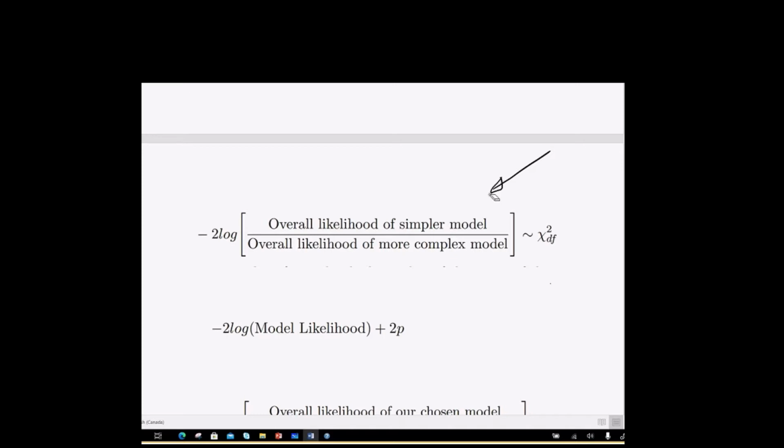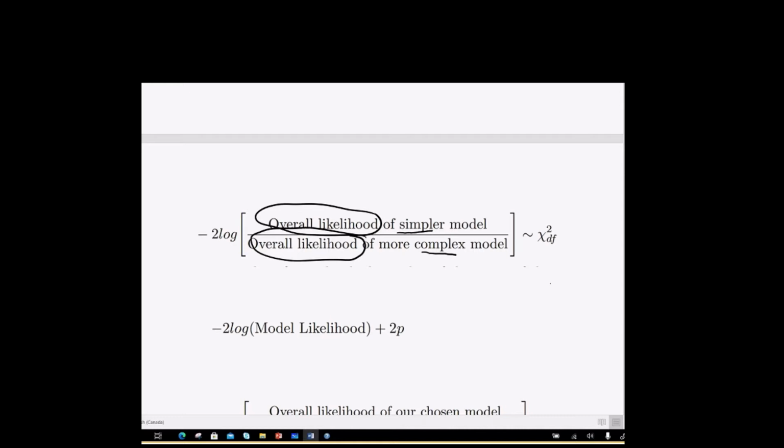So we've got our simpler model, and we've got a complex model, and we calculate the overall likelihood of both those models. And calculation of the overall likelihood of a model is a lot more complicated than calculating the relative likelihood of two parameters, but at the same time it can be done.